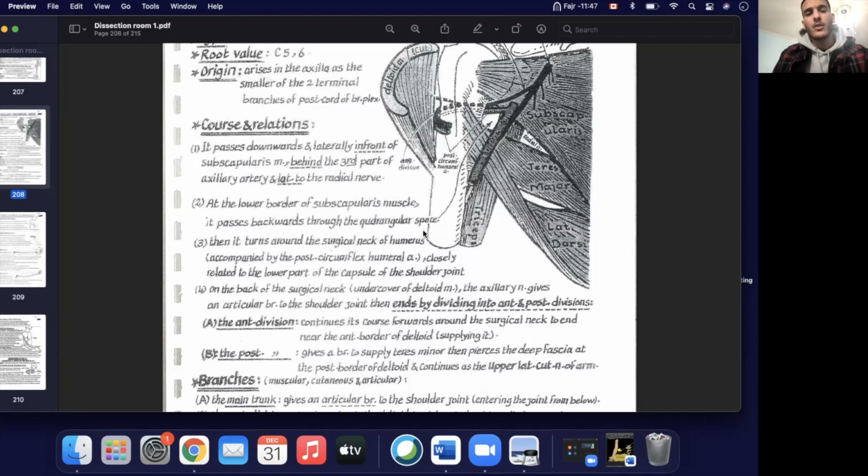Maybe in the next one, or as I go through the syllabus, I will also discuss in detail the cutaneous innervation of those nerves, because as the points are posted in the future, you will see a separate point saying cutaneous innervation of the upper limb. So I will do that.